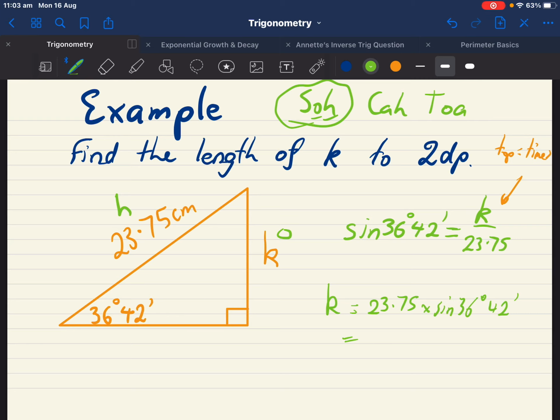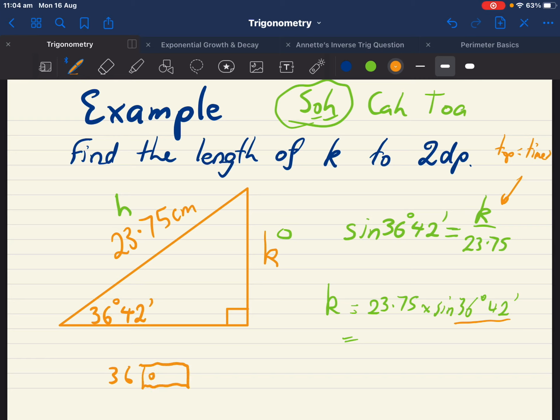You may be wondering, right, how do I type in this? Well, this is how you type this line into your calculator. 23.75 times sine. Do that all just like normal. Right, and then when you get to the 36 degrees, 42 minutes, the way you type that into your calculator is type in the 36, and then you'll see there's an actual degrees, minutes, seconds button.